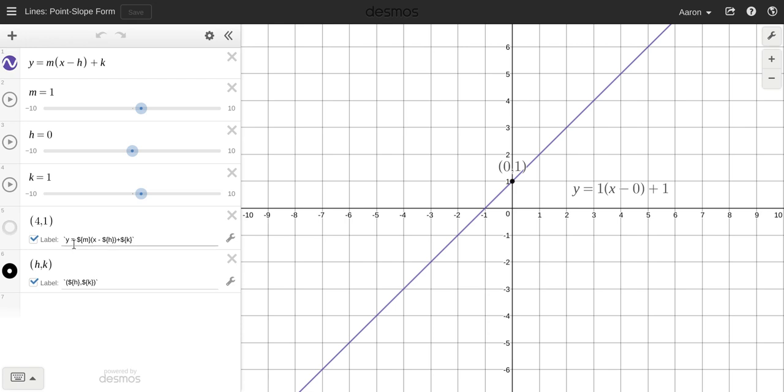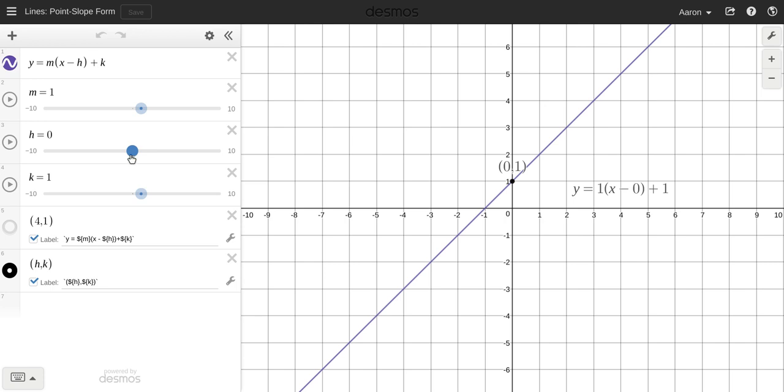Notice that I have sliders built for m, h, and k. I've substituted h for x1 and k for y1, and I've done this because it makes point-slope form mirror the vertex form of a quadratic. I've also set it up so that it will display the equations and the point on the graph dynamically as we change the values.